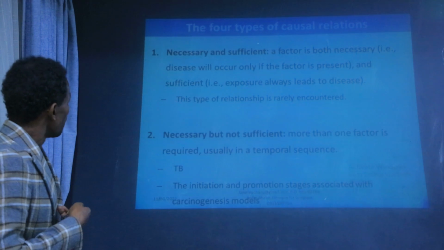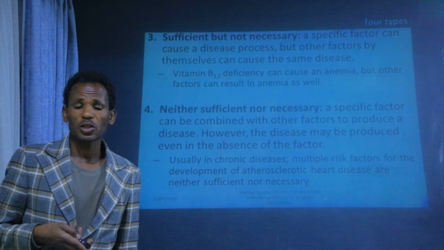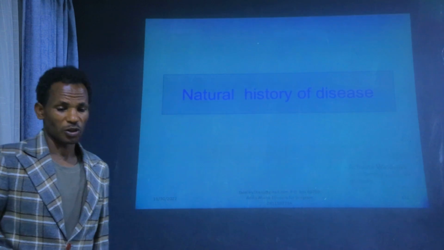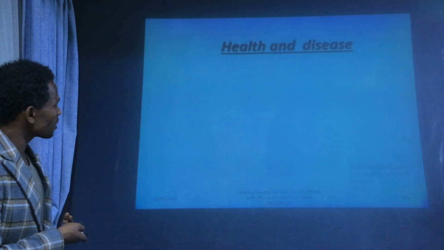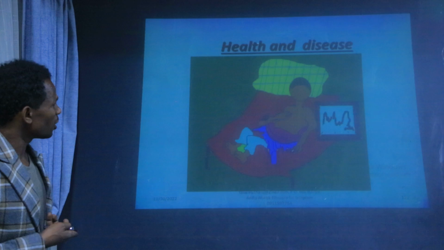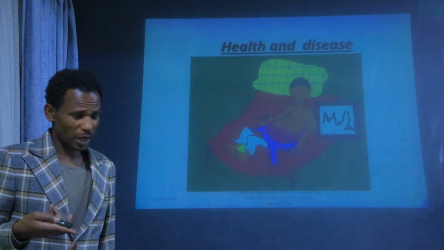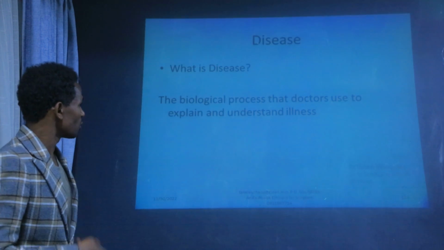And the next one is natural history of disease and disease prevention. Natural history of disease: what do we mean by disease, what do we mean by healthy, especially who is a healthy man, and what is all about the disease.